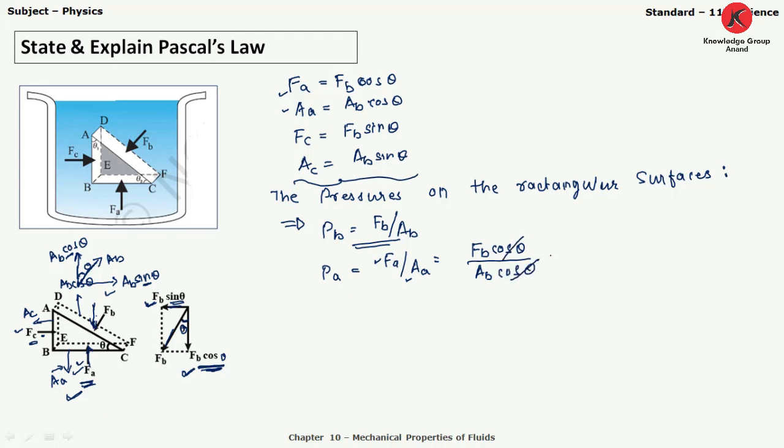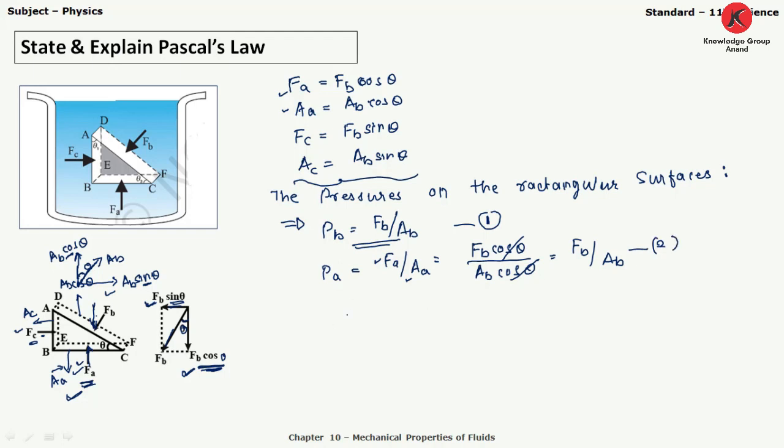So cos cancels out, and ultimately we have PA equal to FB by AB. Let's denote the first equation as 1 and this equation as number 2.